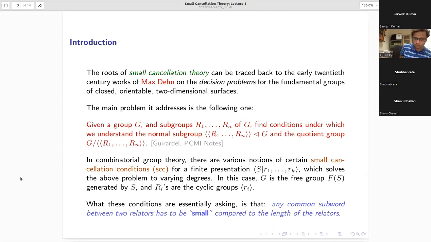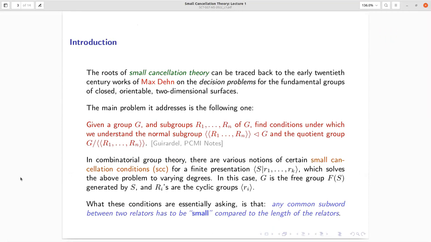What small cancellation theory is essentially, it dates back almost a century, maybe more than a century, to the works of Max Dehn, mostly on decision problems.